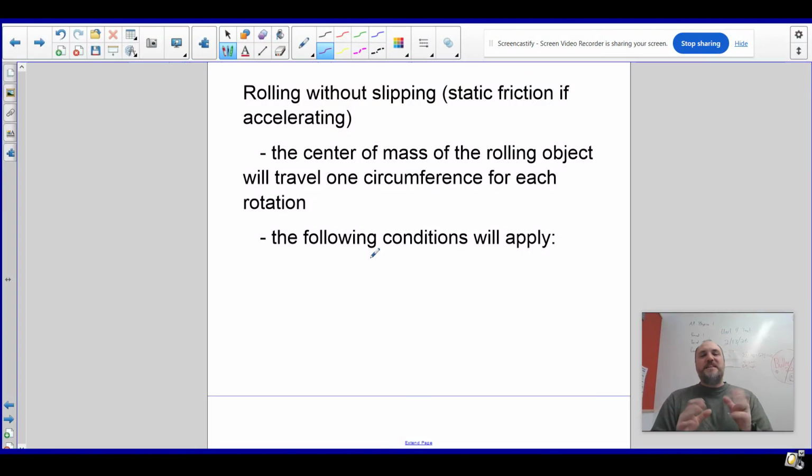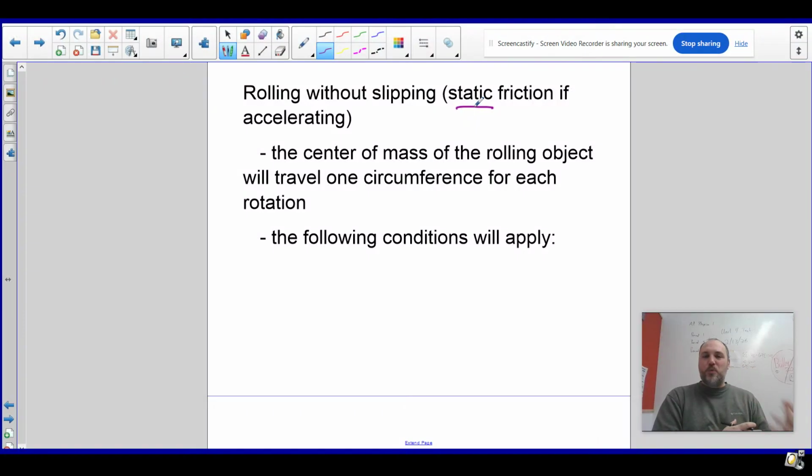Okay, and that sets us up for what we call rolling without slipping. Rolling without slipping means that if you are accelerating, it is due to static friction and not kinetic friction. So again, our definition of static and kinetic is not about moving and not moving. Static can be moving, as we've seen, like if you're standing on a skateboard that's moving. Static just means that the materials are not moving relative to each other.